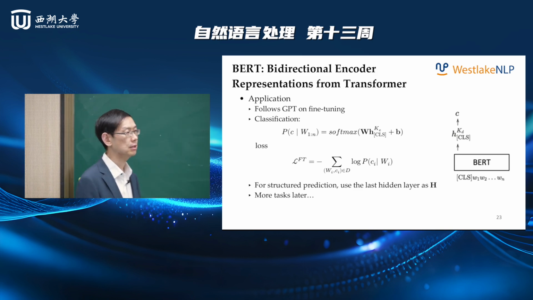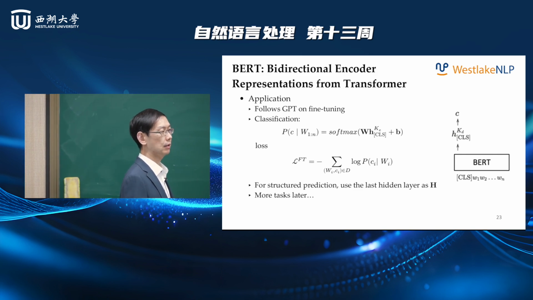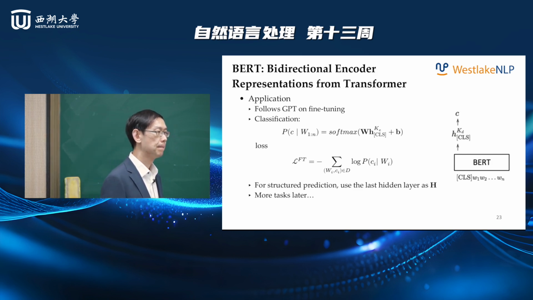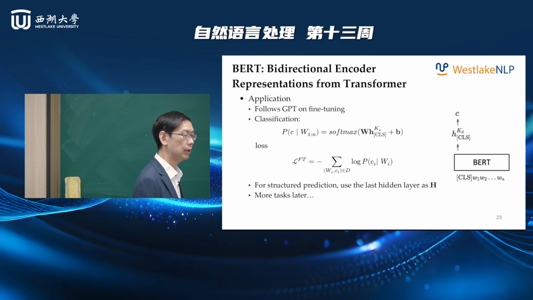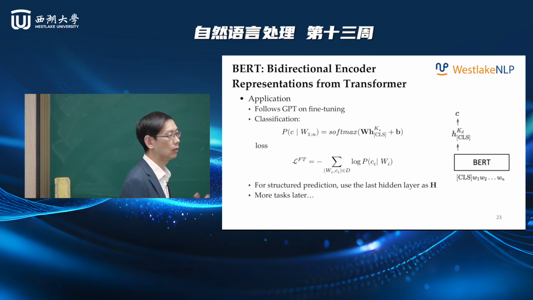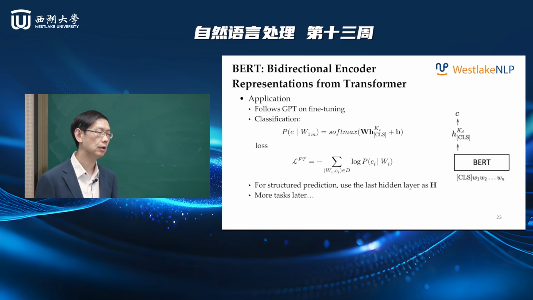When you have a sentence, how do you build a text classifier? You just feed the sentence into BERT, because BERT has an embedding layer also. And BERT will find a representation. You take the hidden vector for the CLS token, and you connect that with a softmax neuron for classification. That's the model architecture.